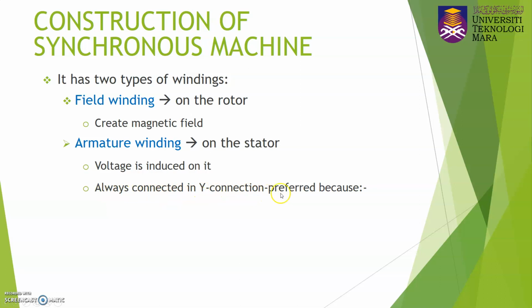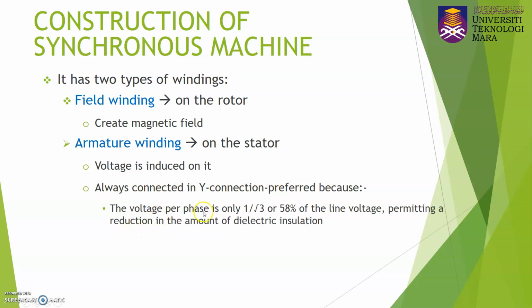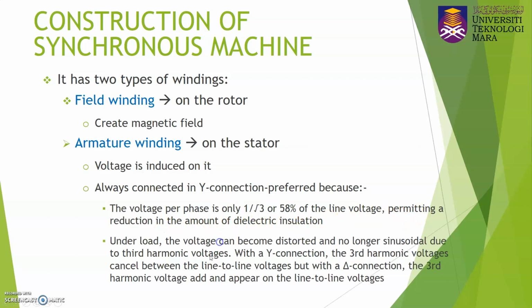The armature winding is usually connected in Y connection, preferred. Why? The reason is that the voltage per phase is only 1/3 for the Y connection, or it can be considered as 58% of the line voltage, which permits a reduction in the amount of dielectric insulation. Under load, the voltage can become distorted and no longer sinusoidal due to the third harmonic voltage.